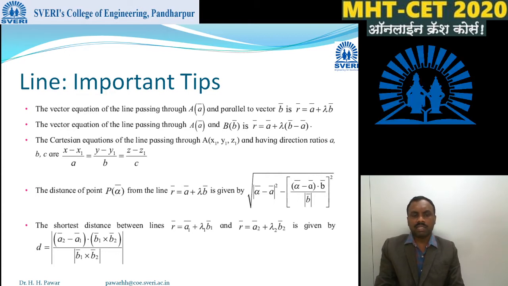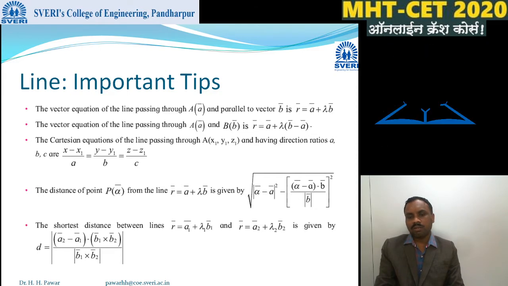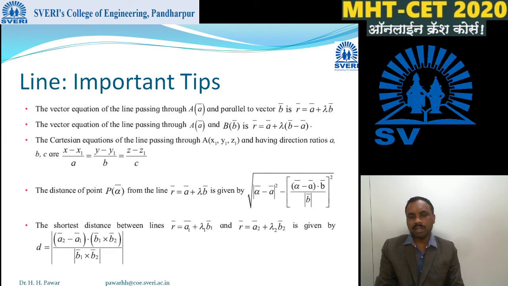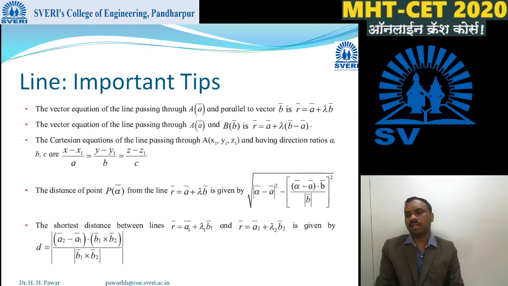Next one, the distance of point P with position vector alpha bar from the line R bar equal to A bar plus lambda beta bar is given by square root of modulus alpha bar minus A bar whole square minus ((alpha bar minus A bar) dot B bar divided by mod B bar) whole square.